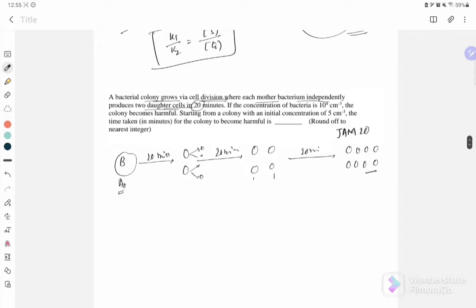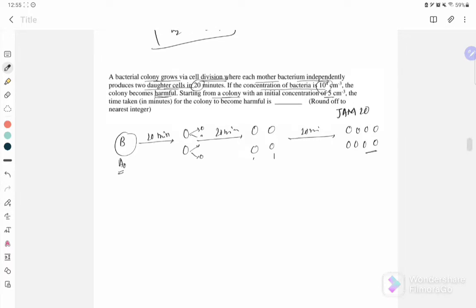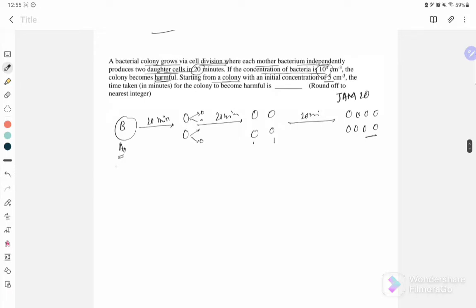Now if the concentration of the bacteria is 10 to the power 4, then the colony becomes harmful. Starting from a colony with the initial concentration of 5 semi per cube, so A0 is equal to 5 semi per cube, the colony is harmful at a concentration of 10 to the power 4 semi per cube.